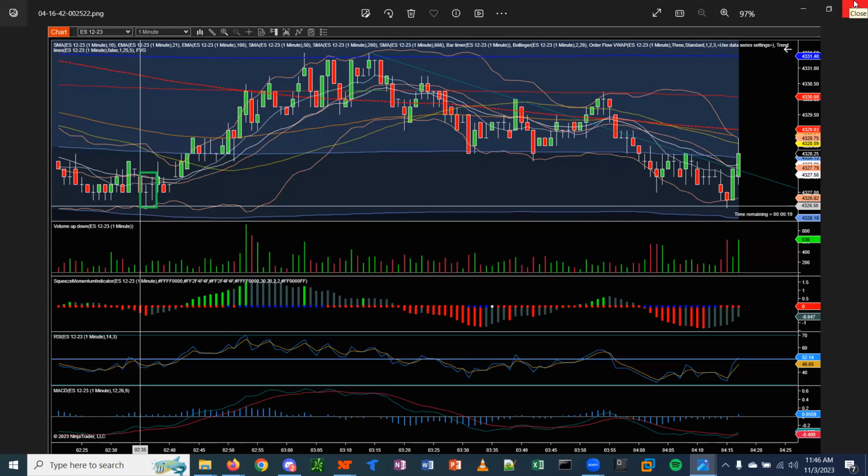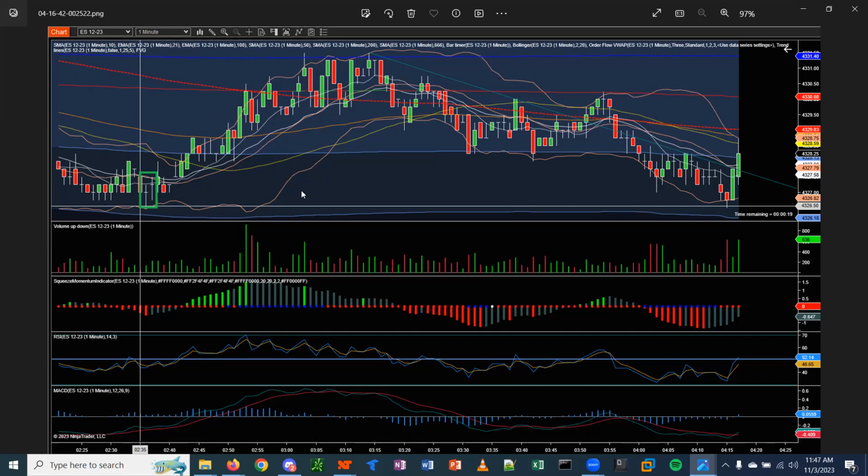The way that I interpret block orders are little candles that are pretty much hammers. So they have a body on the top with the wick on the bottom, or the inverse, which is over here, like over here where it says the body on the bottom with the wicks on top.